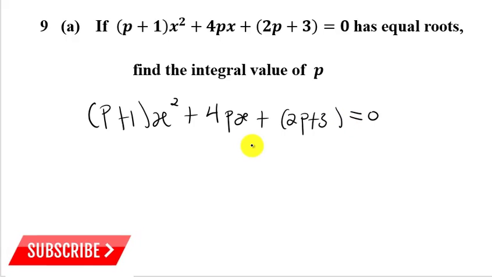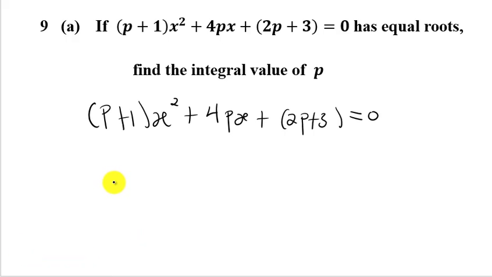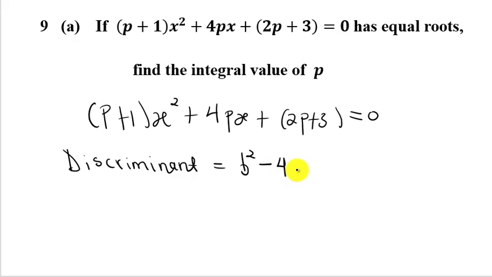And if a quadratic equation has equal roots, then it means the discriminant of that quadratic equation is equal to 0. Now the discriminant is b² − 4ac. This is the discriminant.